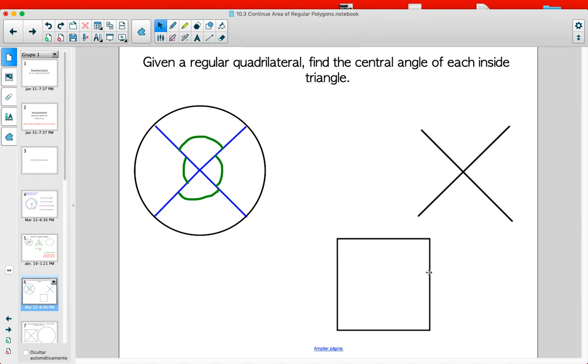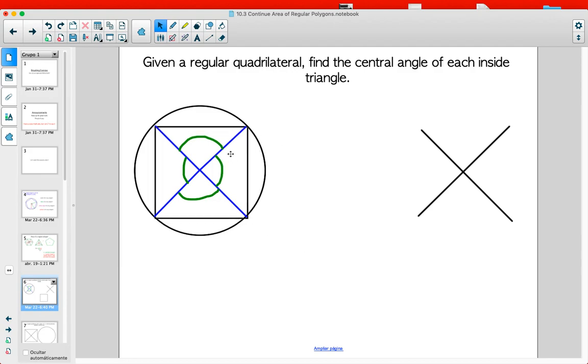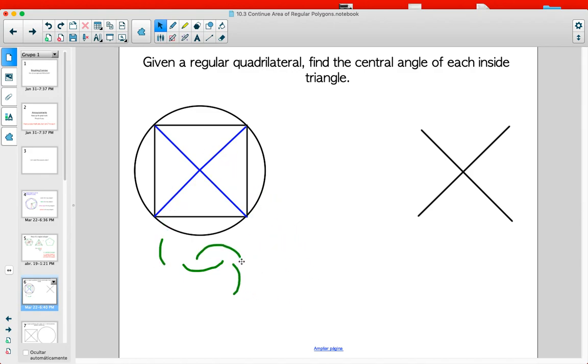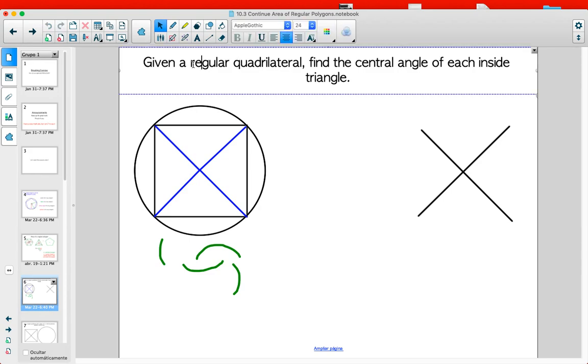So now we're going to bring back the square, and you can see that there are those four same central angles. What we are going to try to do is figure out the measure of each central angle. Now, because this is a regular quadrilateral, we can figure it out.